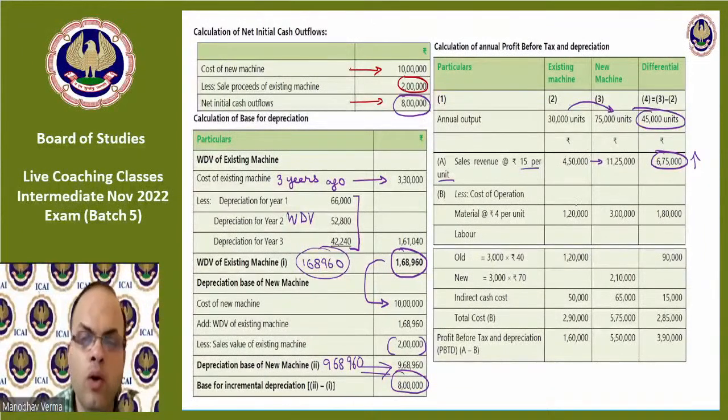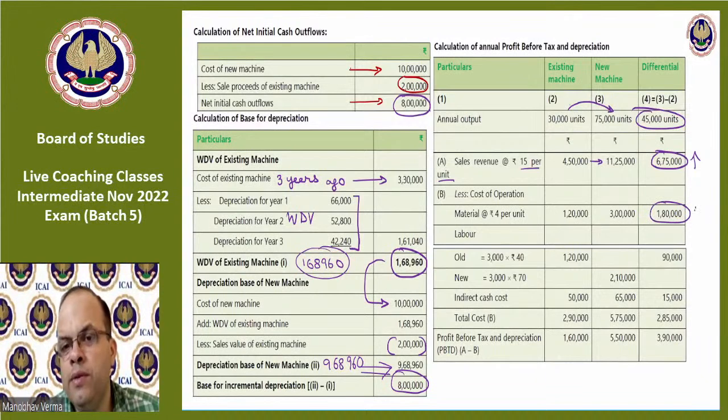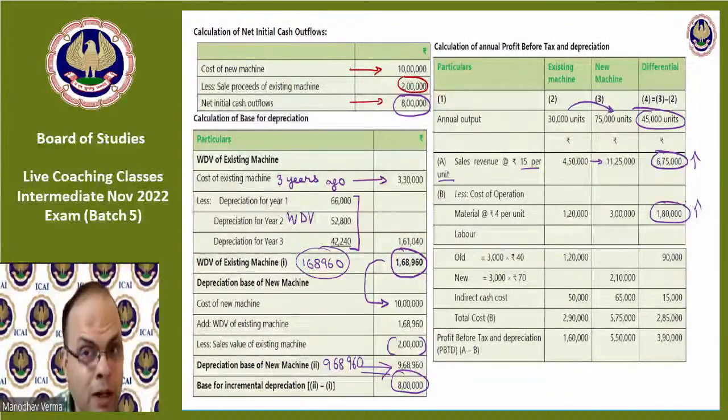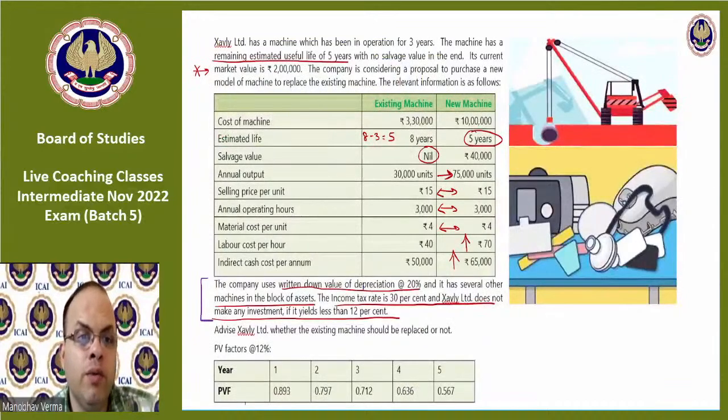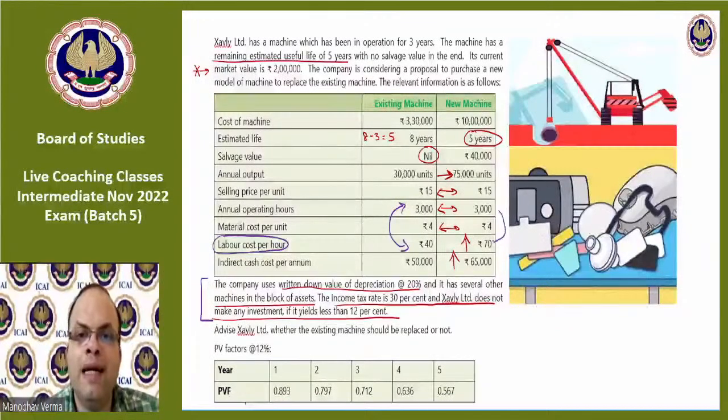I think material cost was the same per unit. So the increase in the material cost is 1,80,000. Labor got slightly changed, guys. There was a cost per hour. Labor cost per hour was 40. So 40 into 3,000 was 1,20,000, but now it is 2,10,000.